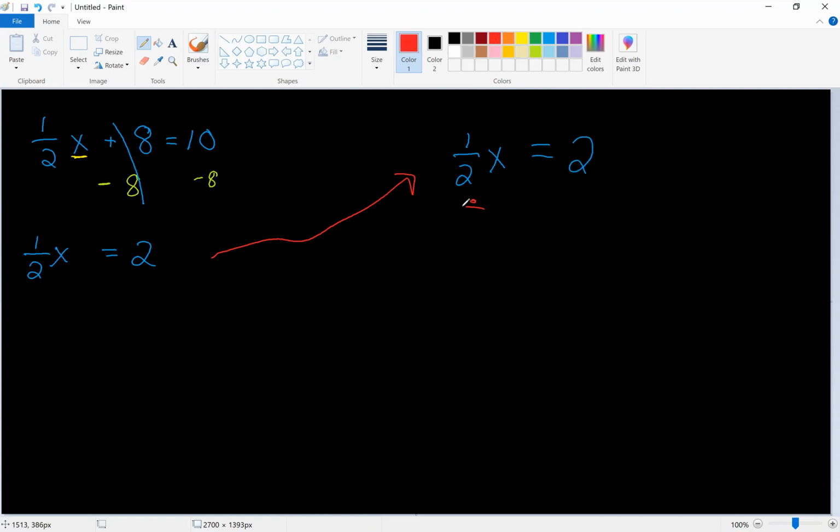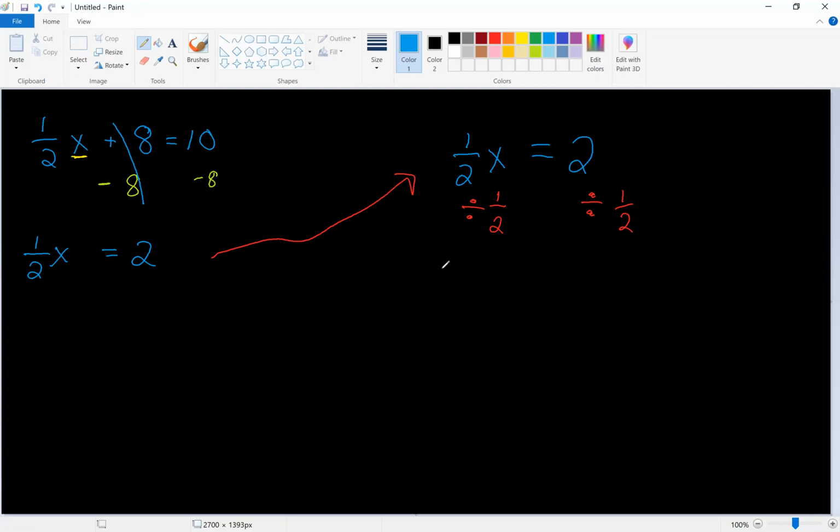So you can say, okay, everybody, I'm going to divide by 1/2 on both sides of the equation. So I do it on the left, then I'm going to come over here on the right. I'm going to divide by 1/2. And so now we have to do a little bit of work over here.